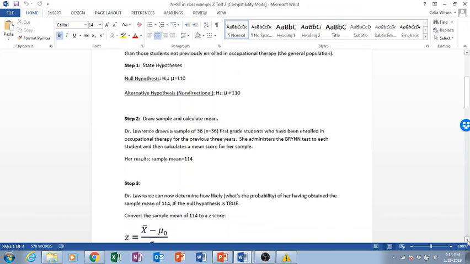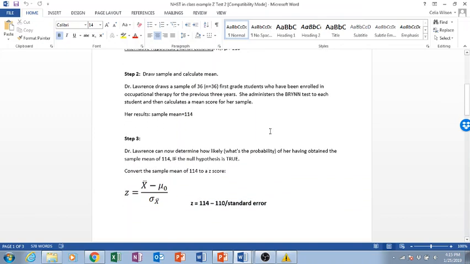Okay, step 2, draw the sample and calculate the mean. So Dr. Lawrence draws a sample of 36 first grade students who have been enrolled in occupational therapy for the previous 3 years. She gives them the Bren test and then calculates a mean for her sample. Her sample mean is 114.